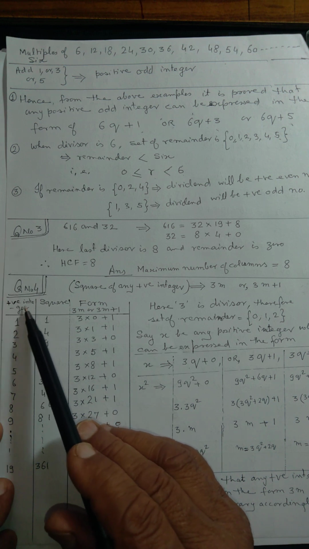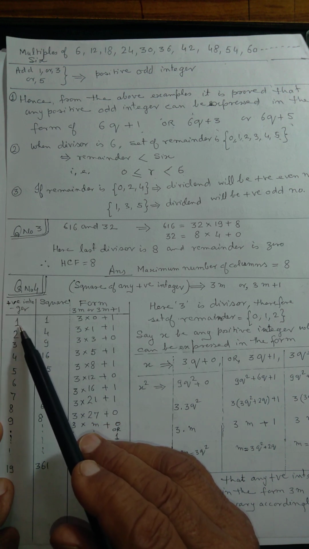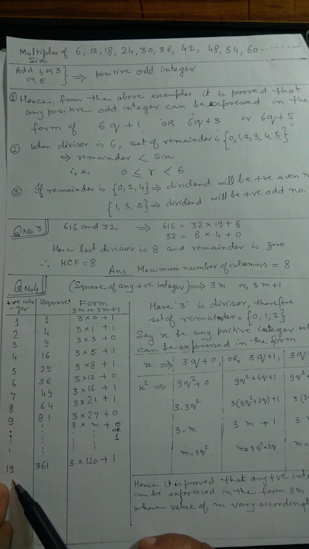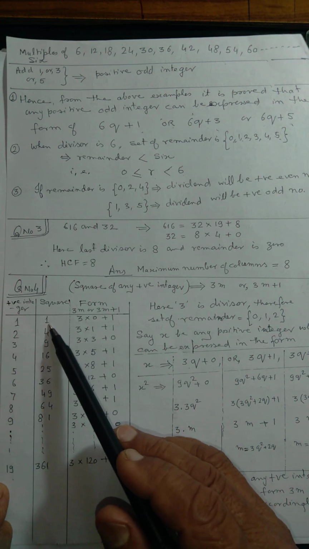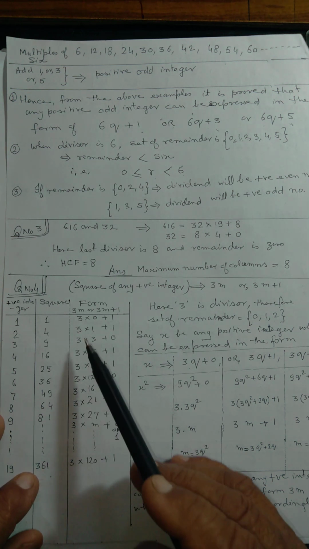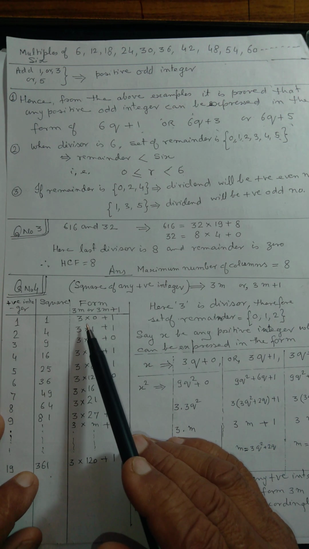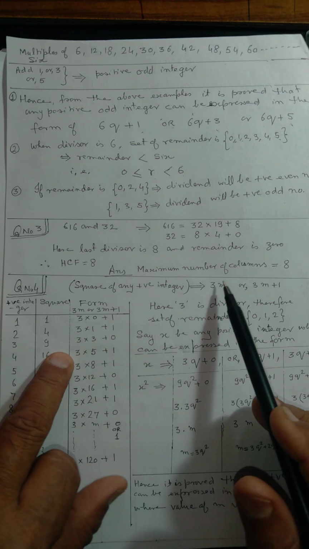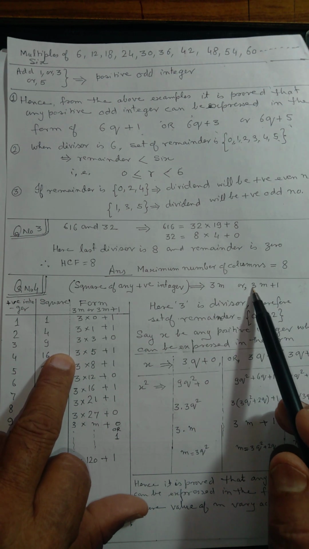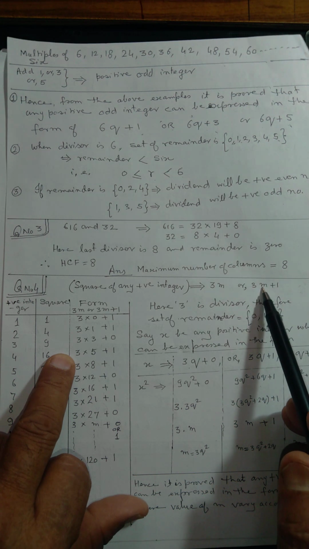Here I have taken the positive integers 1, 2, 3, 4, 5, 6 and so on. The squares of these numbers I have mentioned here. Now let us see how it can be written, either in the form of 3 into m or 3 into m plus 1.